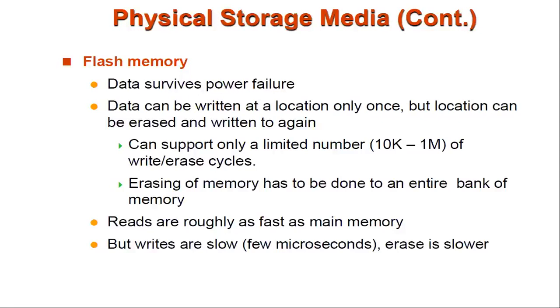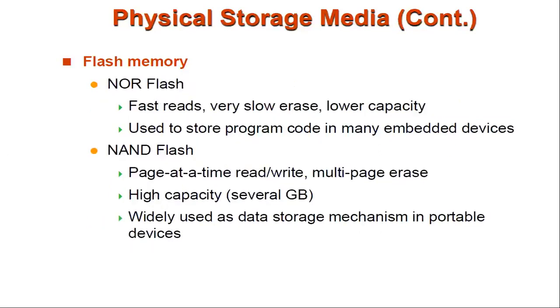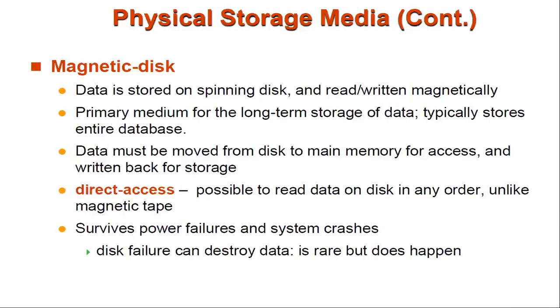Your memory stick, memory card, or pen drive, those types of devices you can think of as flash memory, working equivalent to your main memory in speed, right? There are two types of flash memory used: NOR flash and NAND flash. And magnetic disk is the most important storage device we use as secondary storage for permanent storing.